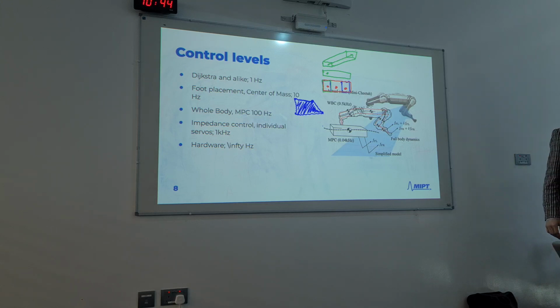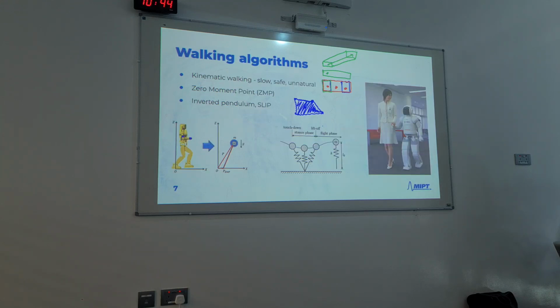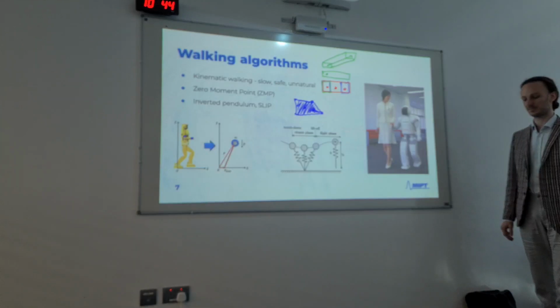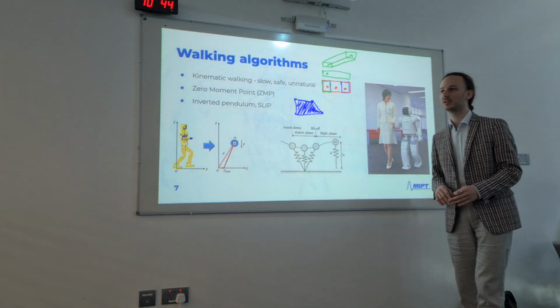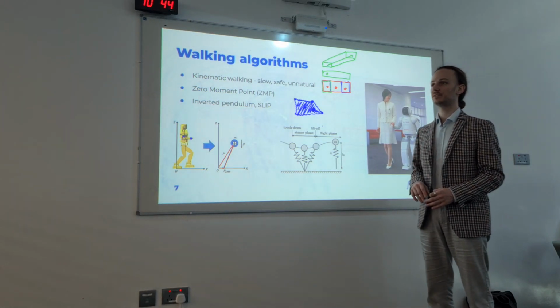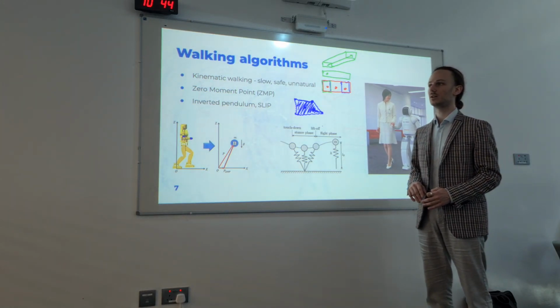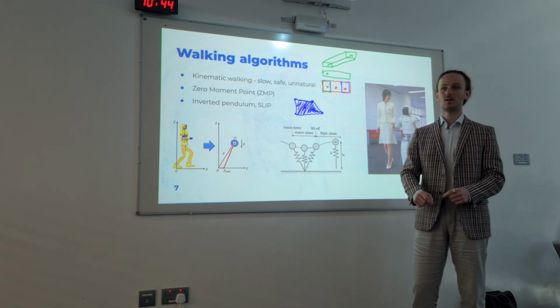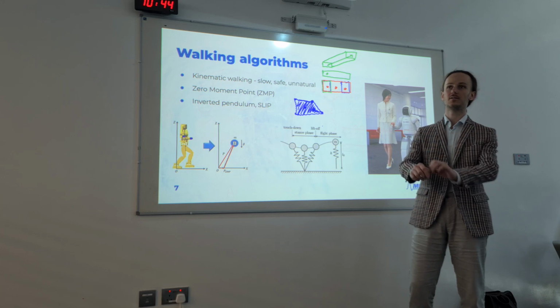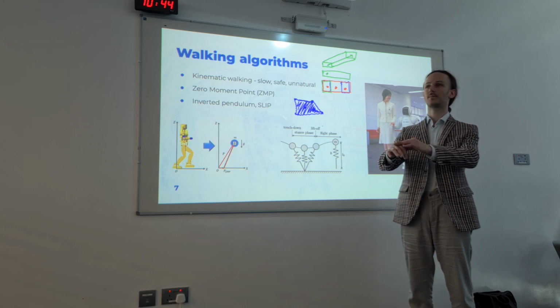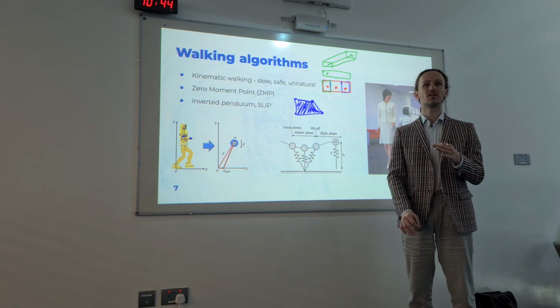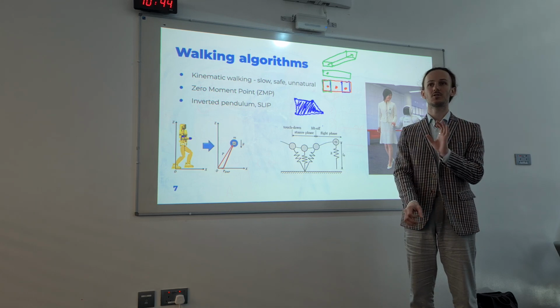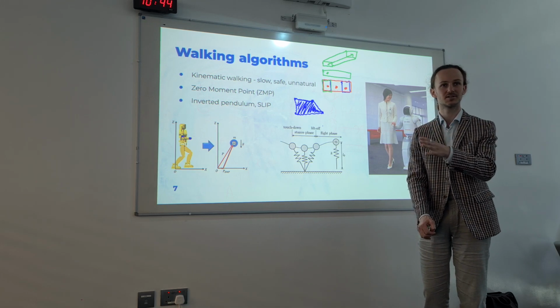What's the zero moment point? Zero moment point is the generalization of the projection of the center of mass. Zero moment point is the point on the surface in relation to which your angular acceleration is conserved.